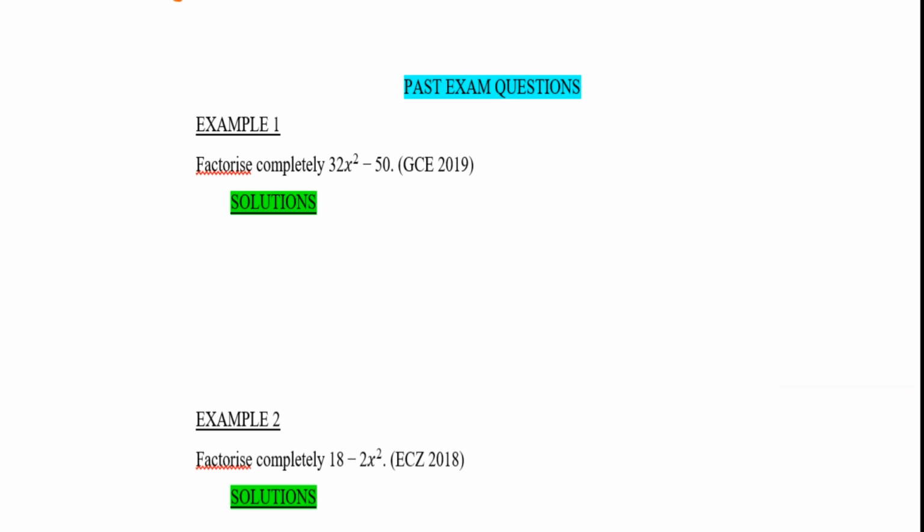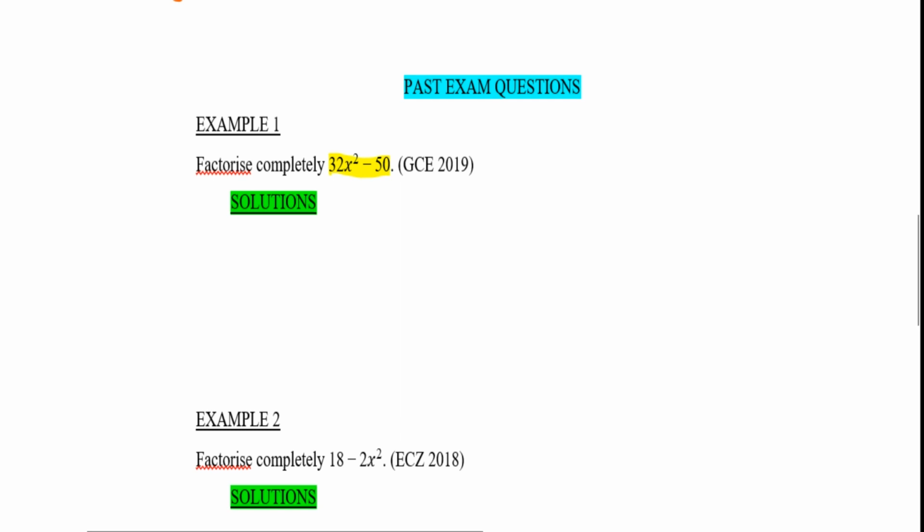Mostly this part comes in paper 1, so we can quickly go into example 1, which is saying factorize completely. We have 32x squared minus 50, and this question came from GCE 2019, last year's paper, and it should be in paper 2.